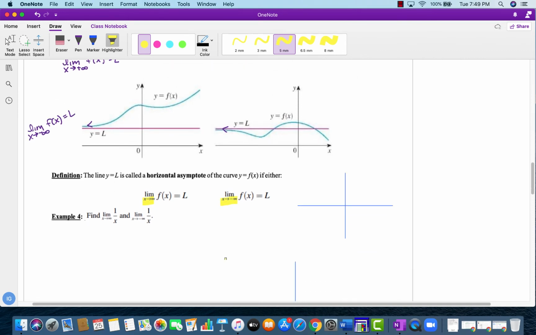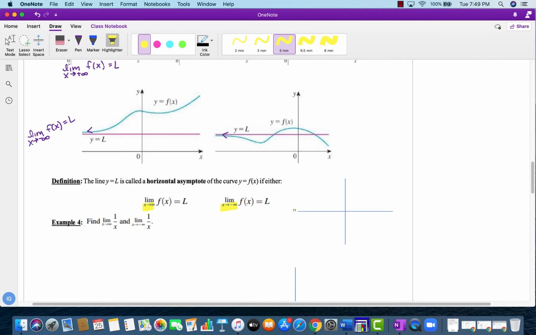All right, let's look at an example here. Okay, before I move on to example 4, I want to make a little reference here. So suppose we have a graph. This is x, this is y. We have a graph for e to the x. I'm going to try to make a picture of this. Okay, so we know that for e to the x, the horizontal asymptote is y equals 0.